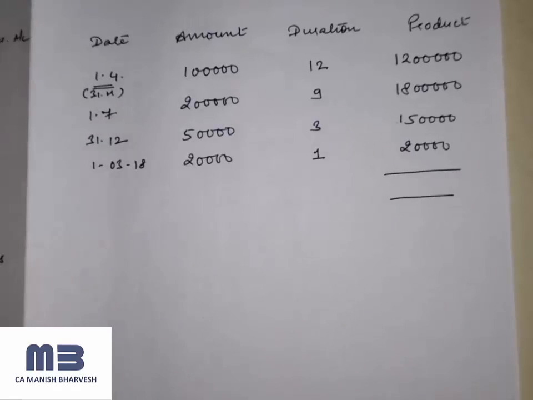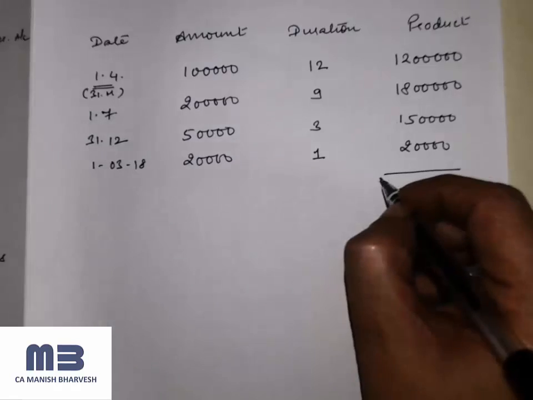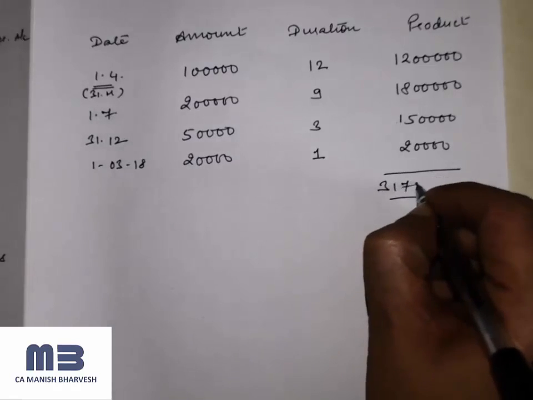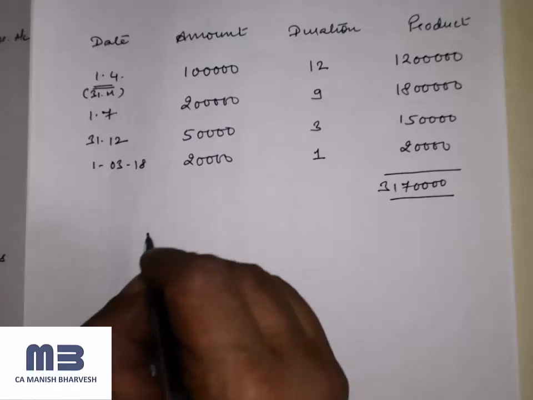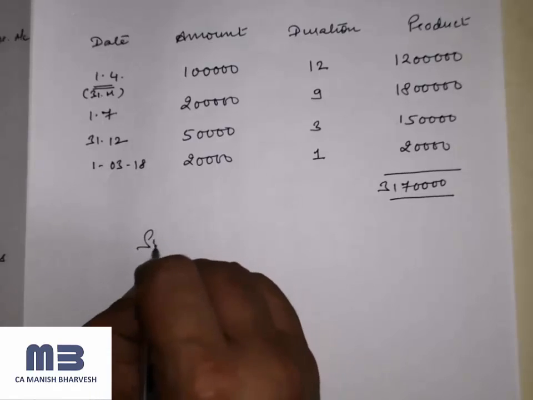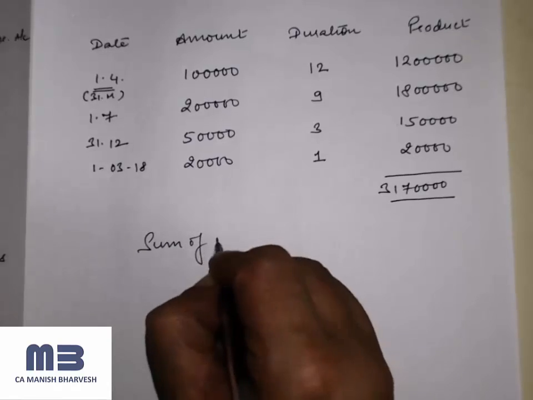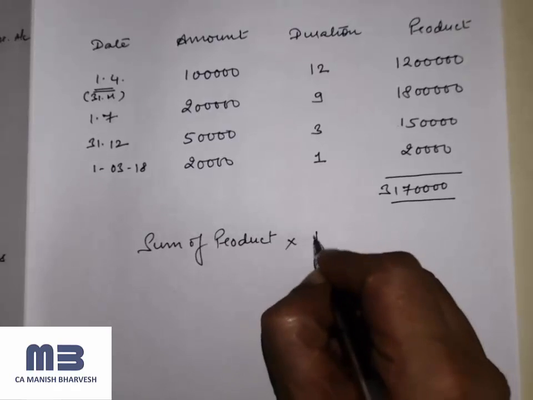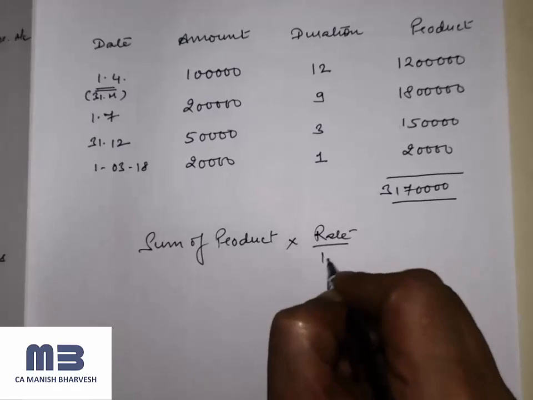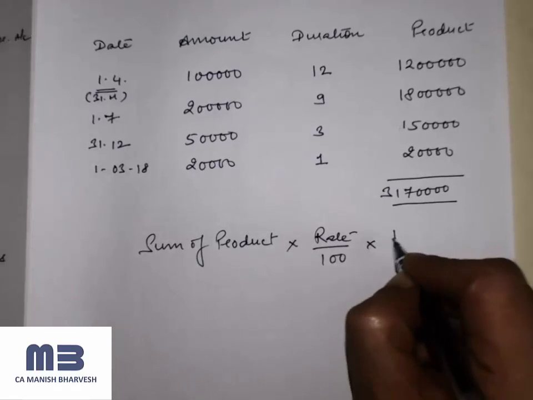So what is our sum of product? 12 lakh plus 18 lakh is 30 lakh, 31 lakh 50,000, and with 20,000 it is 31,70,000. Now let's apply the formula. What was our formula? Sum of product multiplied by rate given in the question upon 100 into 1 by 12.